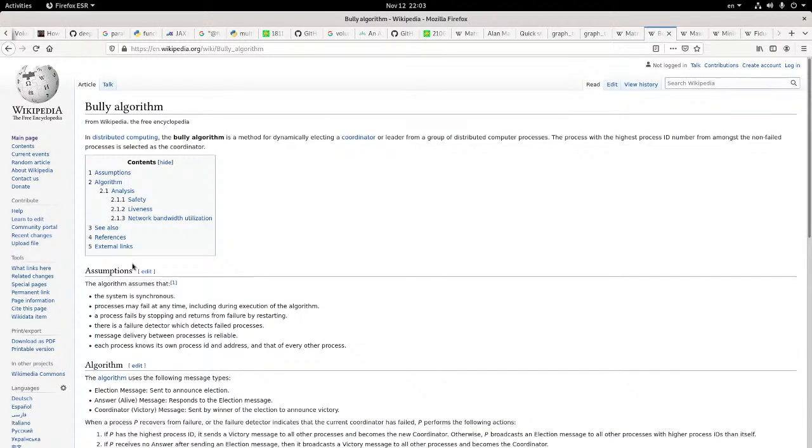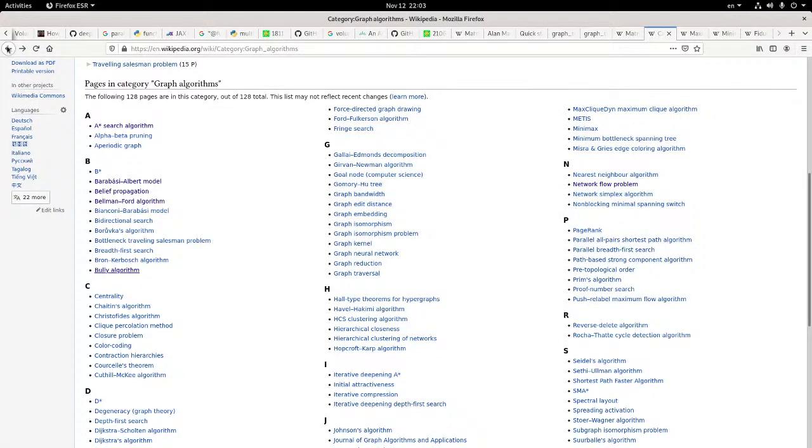Foley algorithm. Oh, what a mean algorithm.